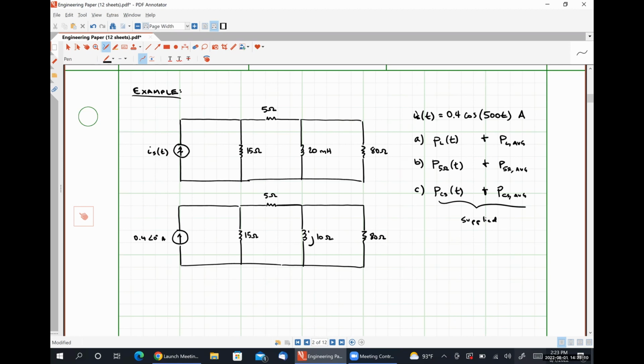Now let's talk about some of the different things that we may need in order to solve for the powers that we're looking for, okay?